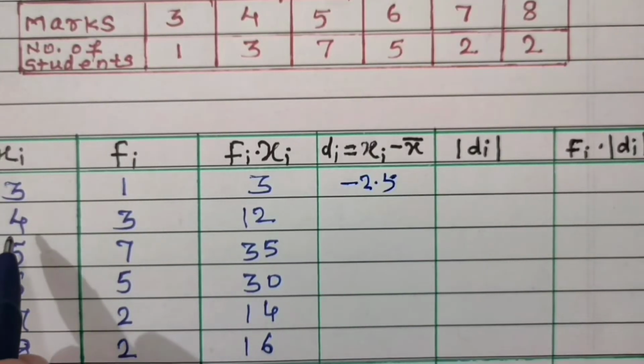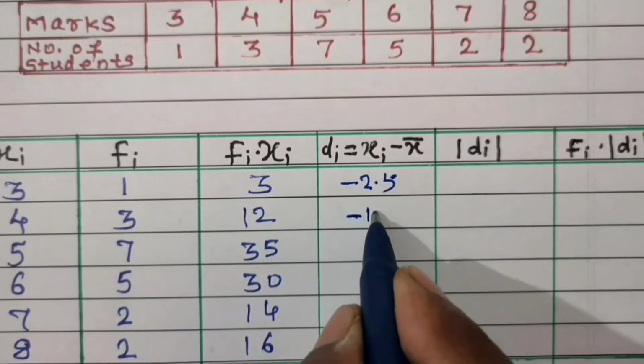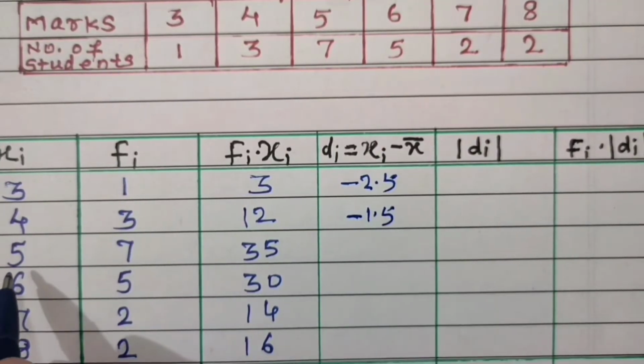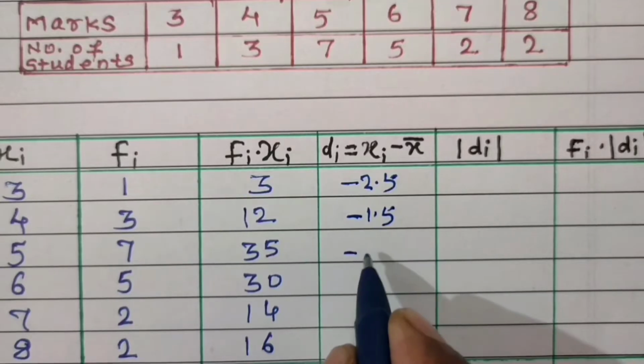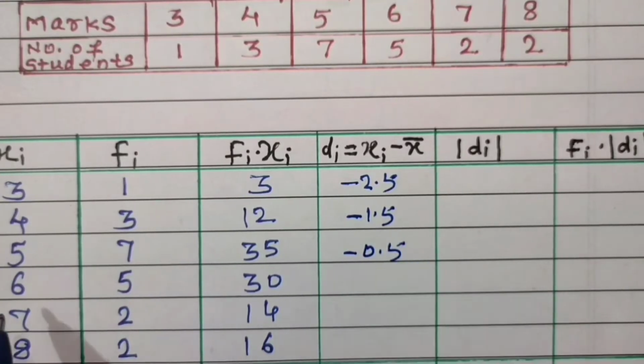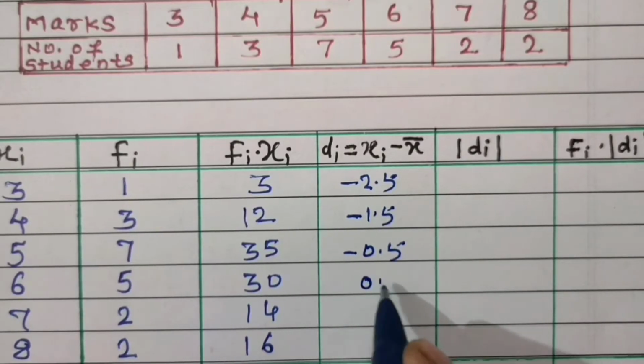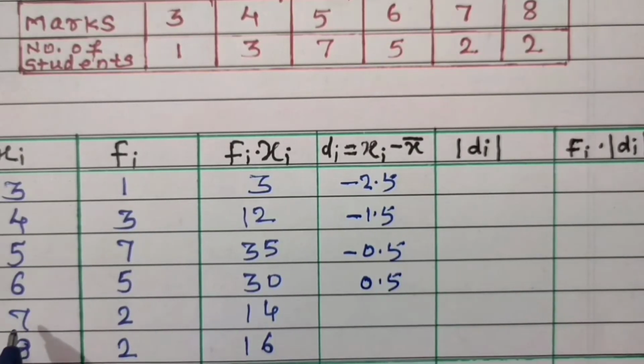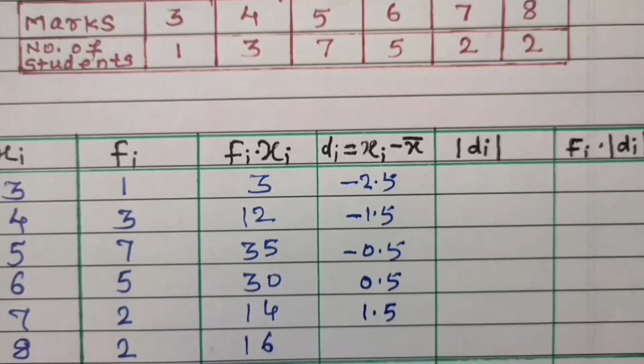Then 4 minus 5.5 is equal to minus 1.5. 5 minus 5.5 is equal to minus 0.5. Then 6 minus 5.5 is equal to 0.5. 7 minus 5.5 is equal to 1.5. And 8 minus 5.5 is equal to 2.5.